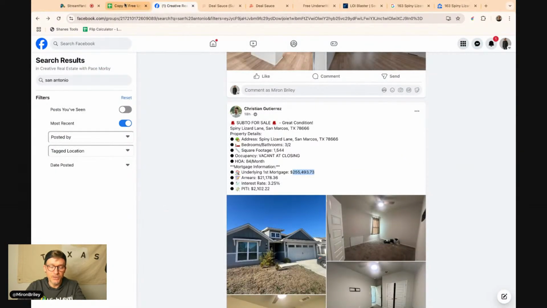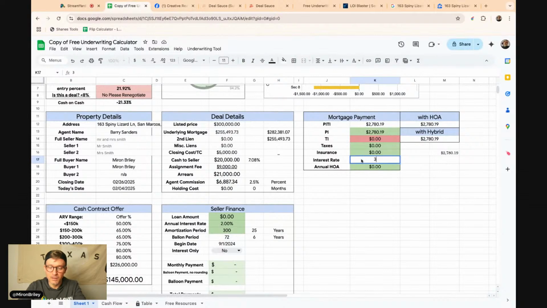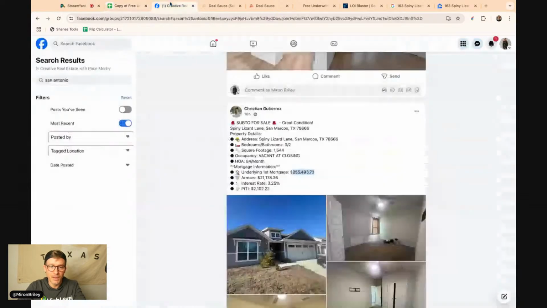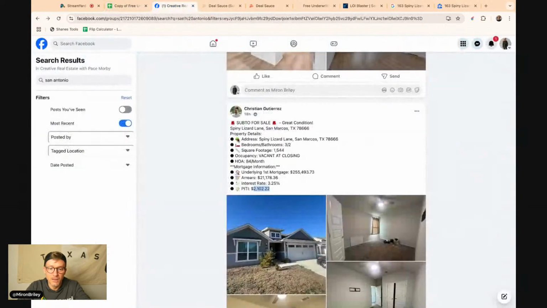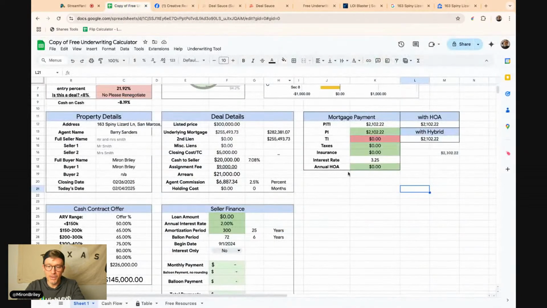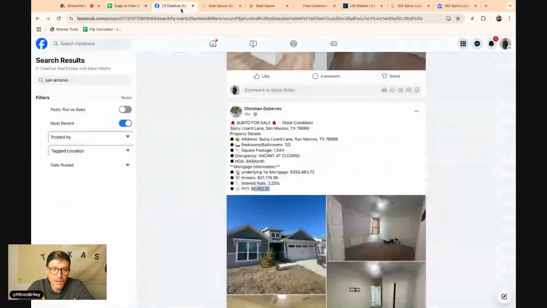Interest rate 3.25. The PITI is 2102. That would go right there. HOA $84 a month. So that would be like $1,000. And the entry fee is, what's the entry fee?